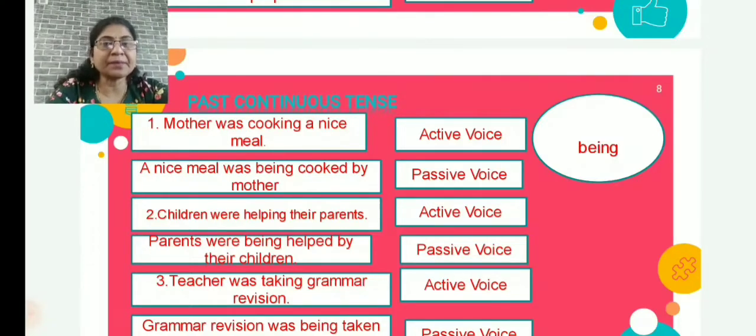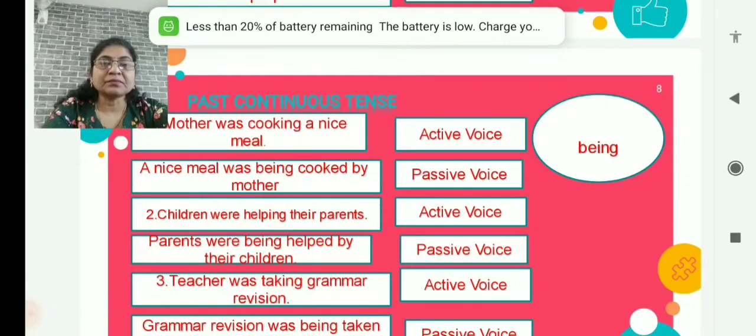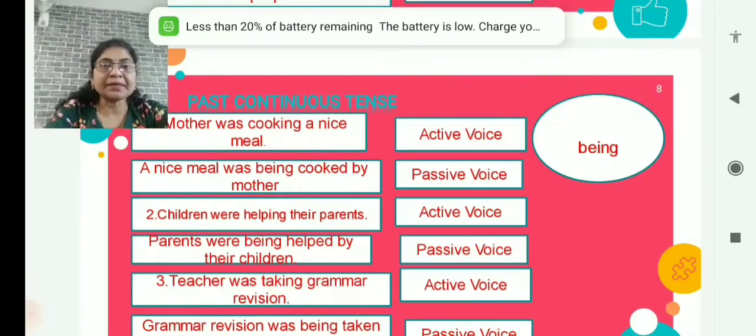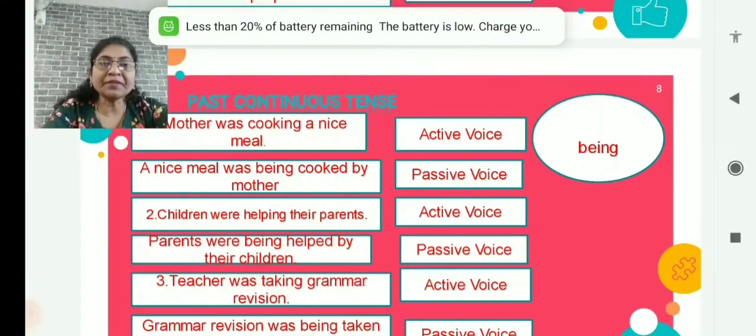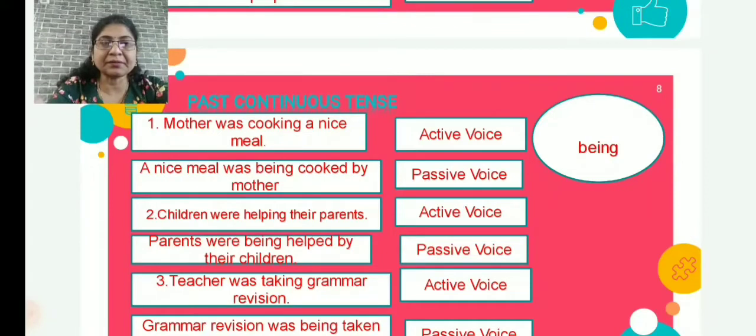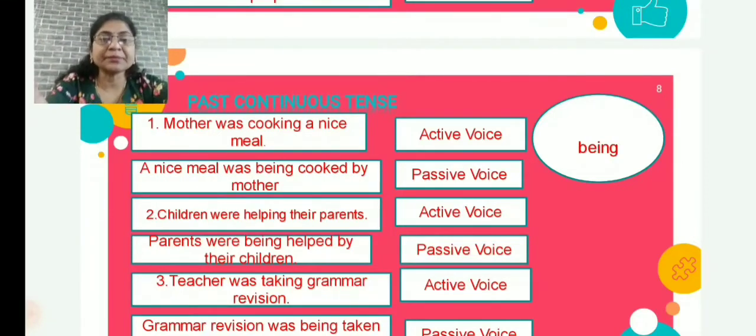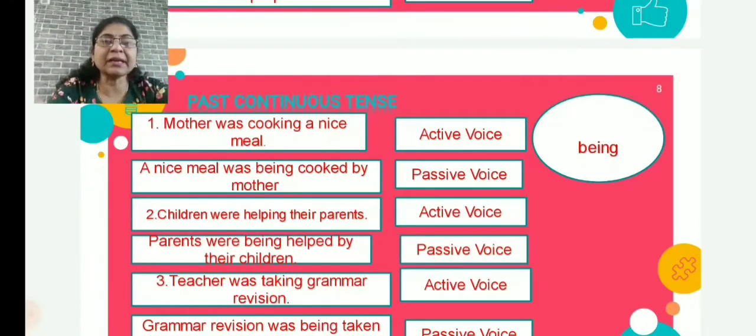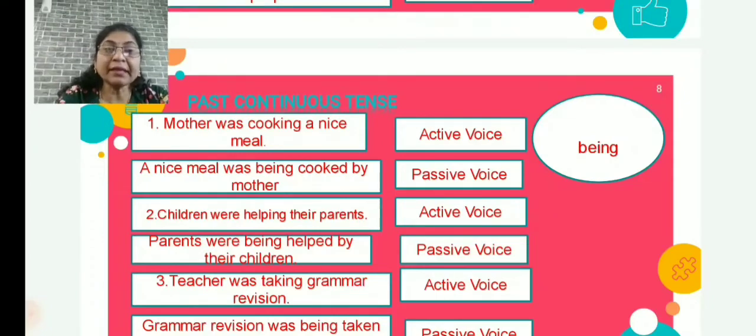Children were helping their parents. To whom were they helping? Their parents. So their parents were being helped by their children. It is changed into passive voice. Teacher was taking grammar revision. What was she taking? Grammar revision.